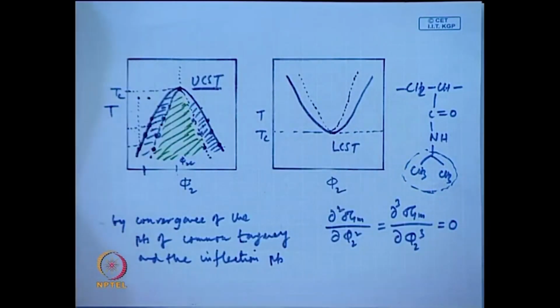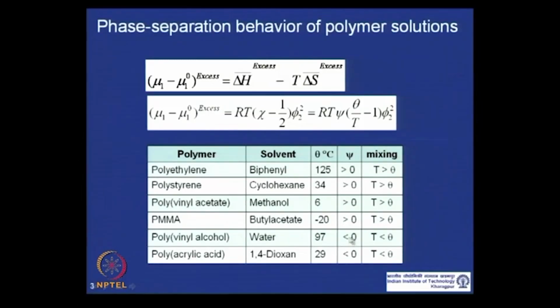Now, LCST can be observed for these two cases as well, where you have the psi parameter negative. Another example is polyethylene glycol. You can also have LCST because you have a strong interaction between the polymer and the solvent.